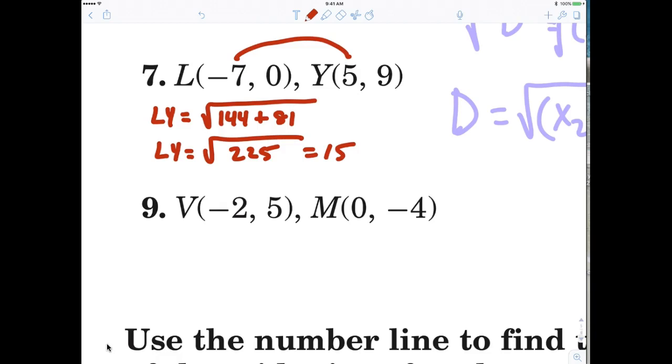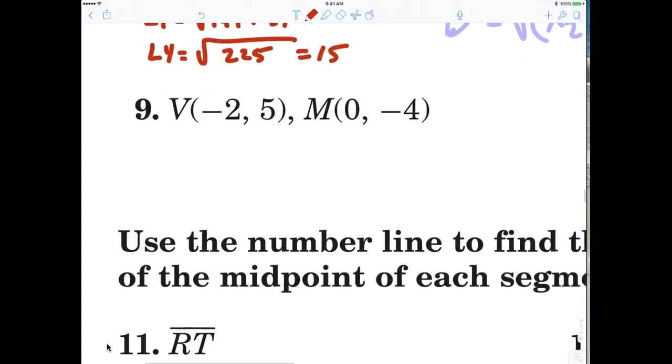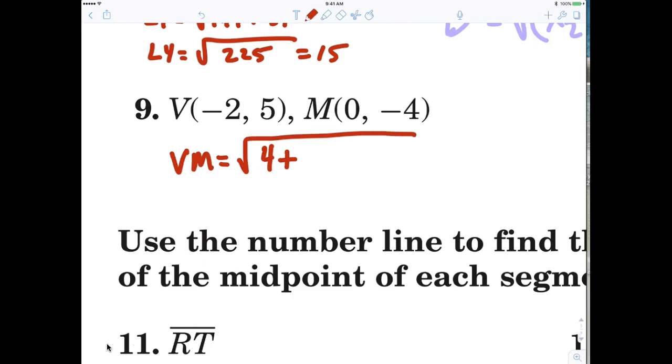Just a quick heads up for number 9. Vm is equal to the square root of 4 plus... be careful, because you're never adding them. You're subtracting them.